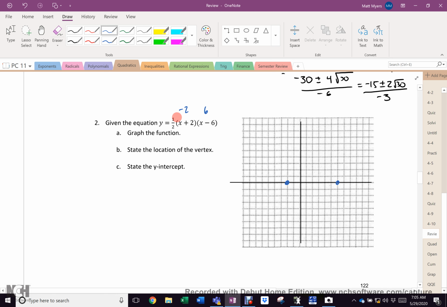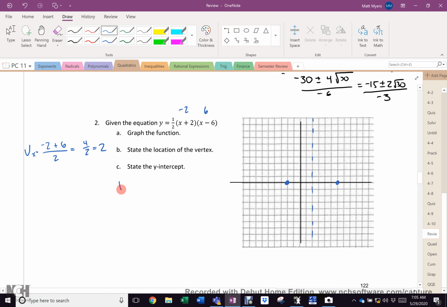And so I know the vertex is right in the middle. So -2 plus 6 over 2 equals 4 over 2, which equals 2. So that's my vertex x, 2 right here.